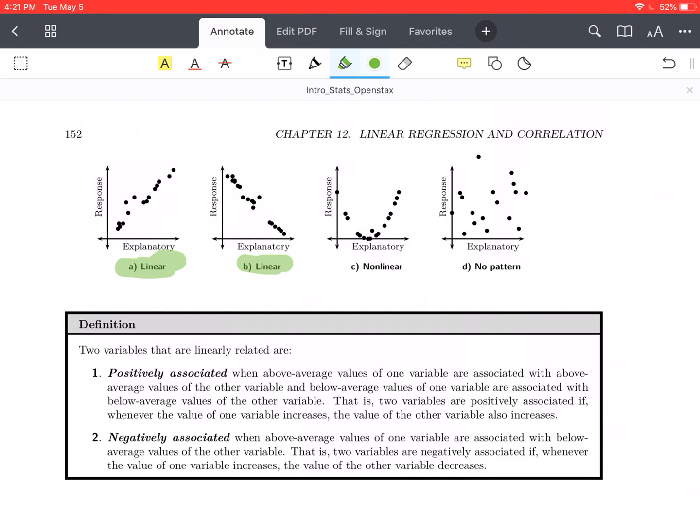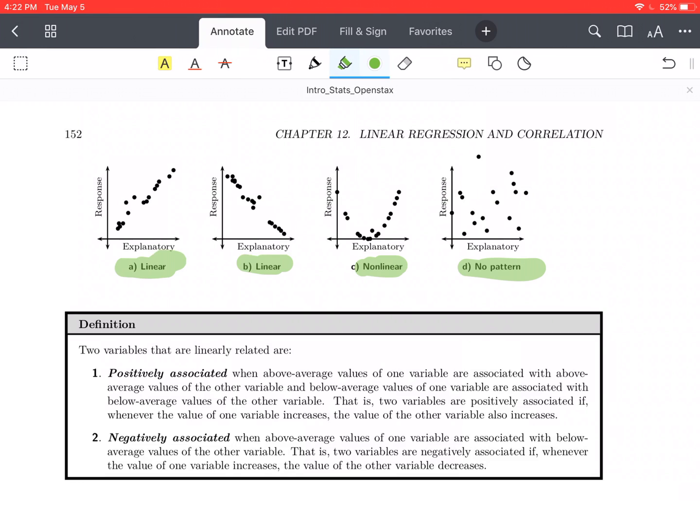Then we have nonlinear, where there's clearly a relationship here, but it's not a line, so that's something we need to keep an eye out for. And then no pattern, right? We're not really able to fit a line, because if I draw one, there are a lot of data points out here too, and that doesn't seem to fit well. So those are the 4 types that we're going to talk about.